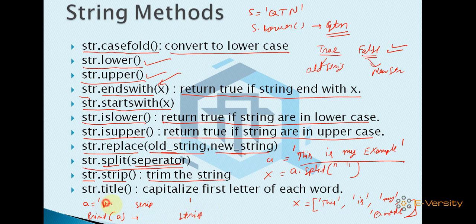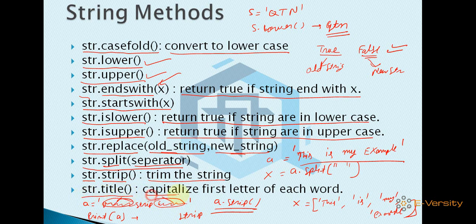If you want to remove the space before the string and after the string, you can use the strip function. It removes the spaces from both places, before the string and after the string.